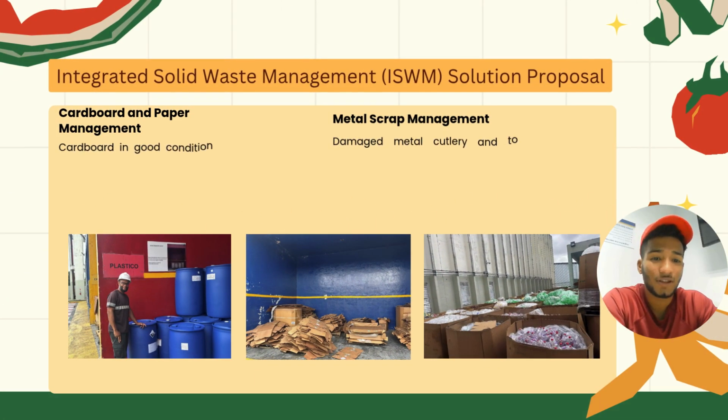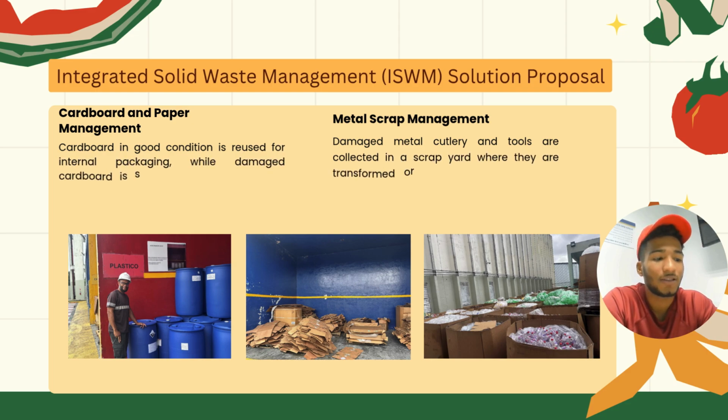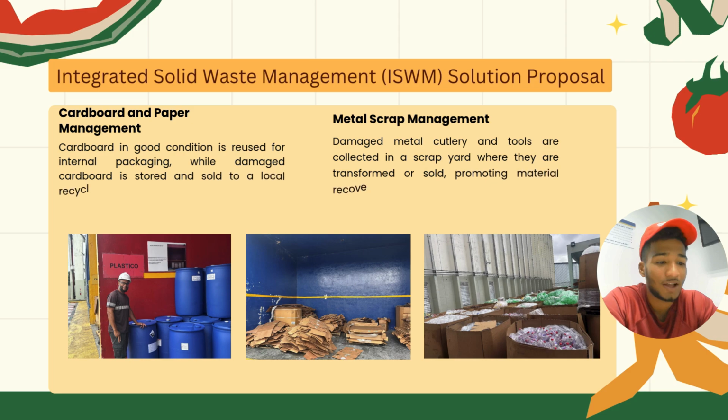The cardboard in good condition is reused for internal packaging, while damaged cardboard is stored and sold to a local recycler for 3,500 pesos, reducing paper waste and generating income.